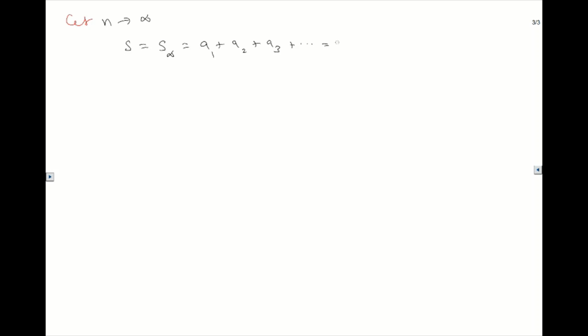So you get the sum of the series. We write it as sigma k going from 1 to infinity of ak. But sometimes, if it's obvious, we just write this as sigma ak. When this is obvious, we don't even write the index.